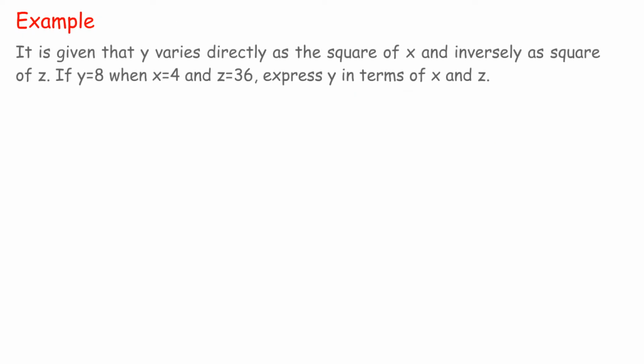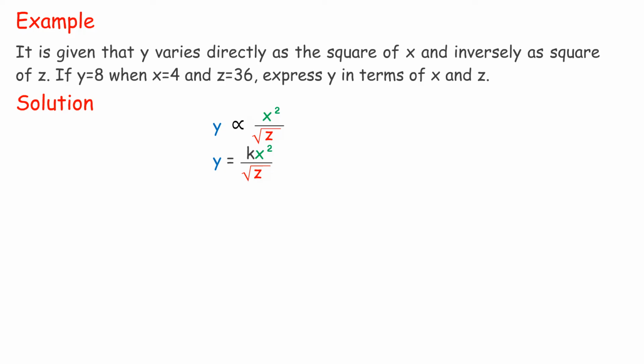Example. It is given that y varies directly as the square of x, and inversely as square root of z. If y equals 8 when x equals 4 and z equals 36, express y in terms of x and z. Solution. y equals k times square of x, divide by square root of z.